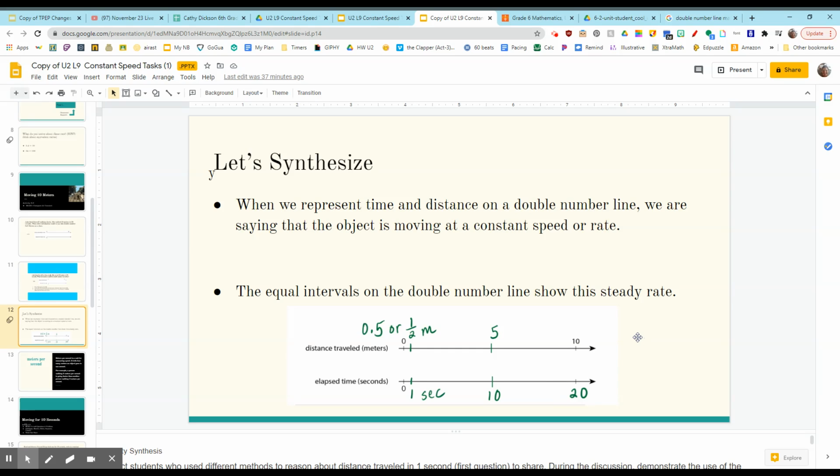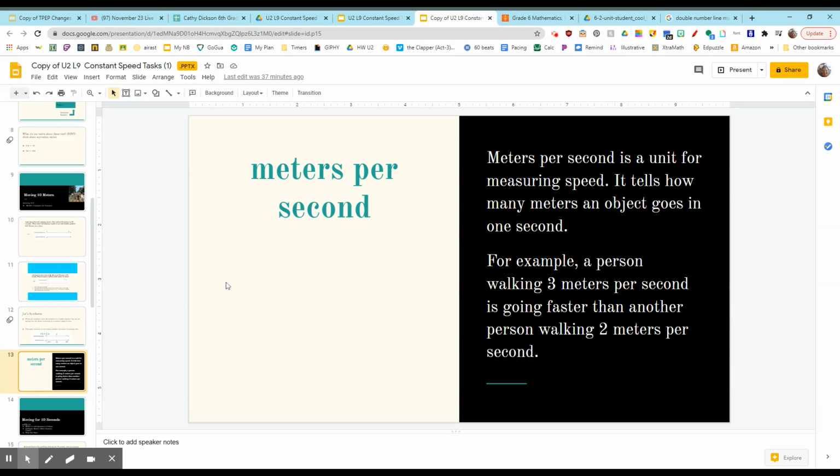You should notice the patterns just like we had with our other ratio problems and like we had with our money problems for the price unit rate. Meters per second. Meters per second is a unit for measuring speed. It tells how many meters an object goes in 1 second.